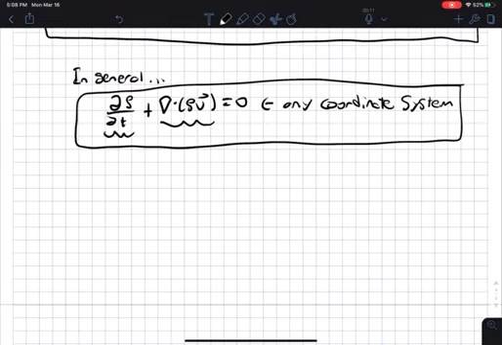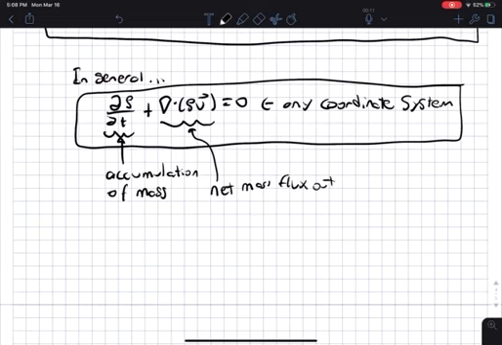And so physically, this term represents the accumulation of mass as a function of time, and this is the net mass flux out of an infinitesimal control volume. Okay?